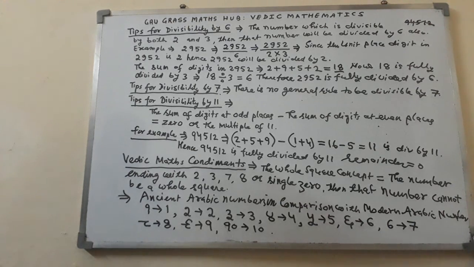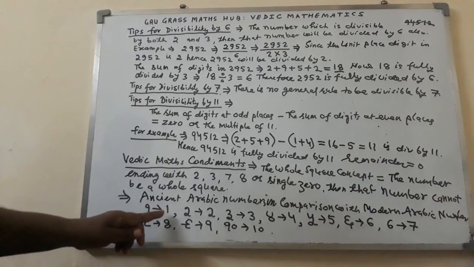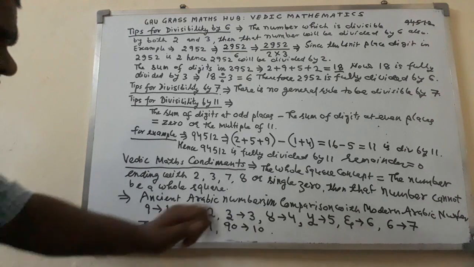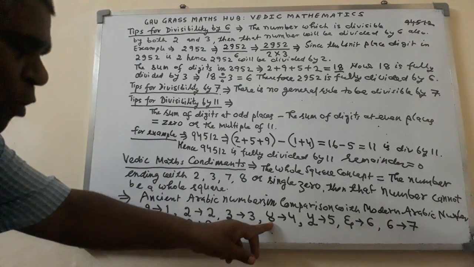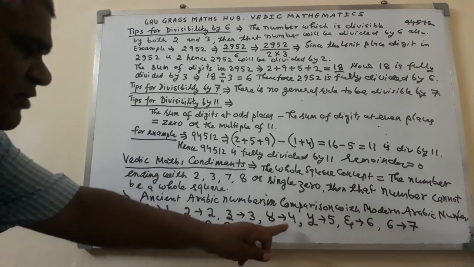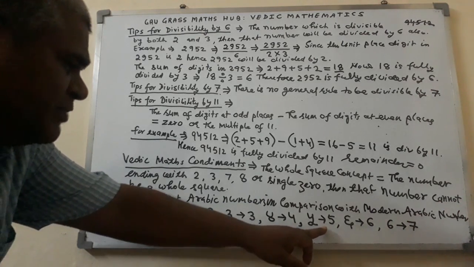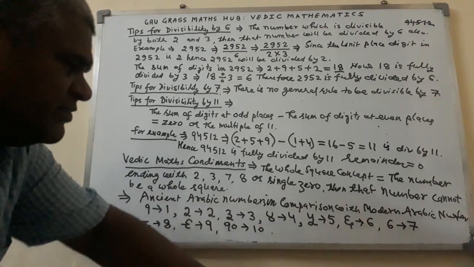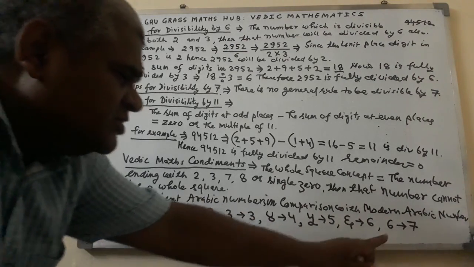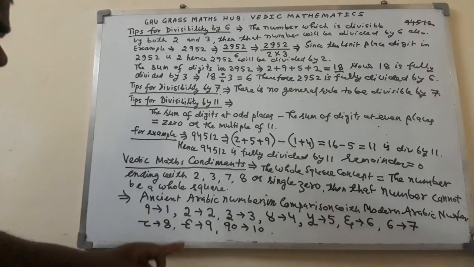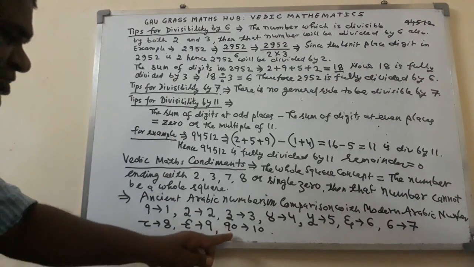Ancient Arabic numbers in comparison with modern Arabic numbers: 1 can be written in English as 1, 2 as 2, 3 as 3, 4 in ancient Arabic number we shall write like this. This is 5 in ancient Arabic number, in modern Arabic number we write 5. This is 6 written as 6, this is 7, this is 8 written as 8, this is 9 written as 9, this is 10 written as 10.